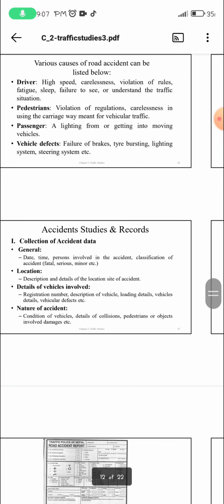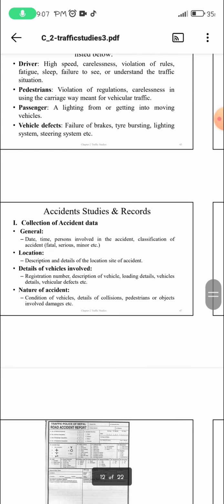Accident studies and records: general collection of accident data. General: date, time, persons involved in the accident, classification of accident, fatal, serious, minor, etc. Location: description and details of the location site of the accident, details of vehicles involved.